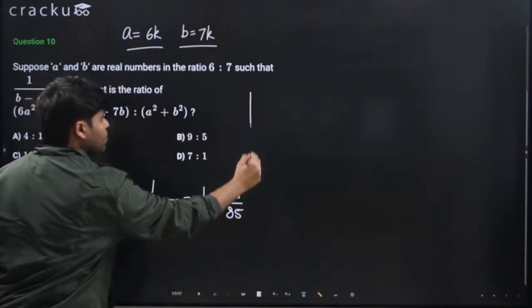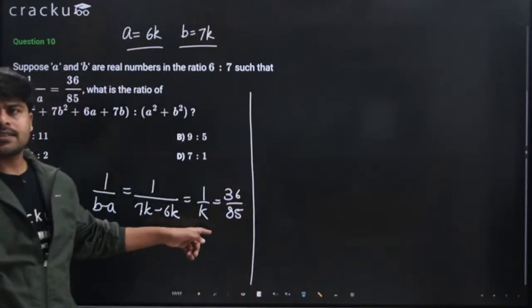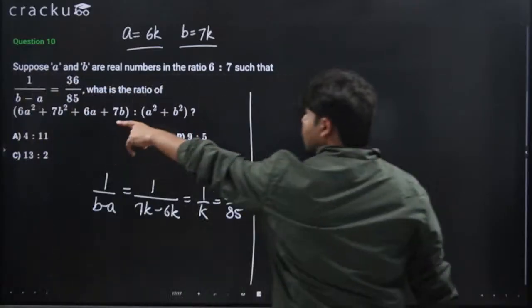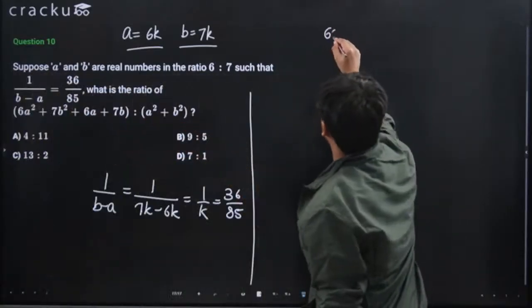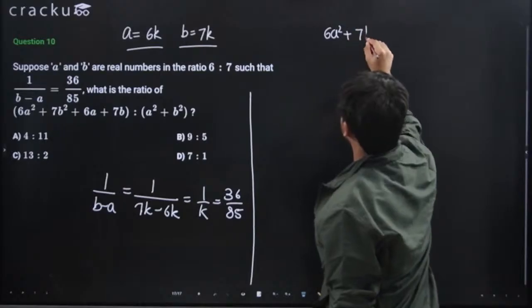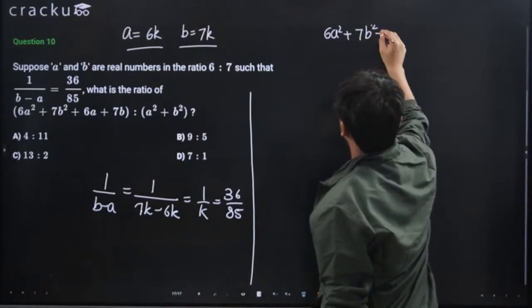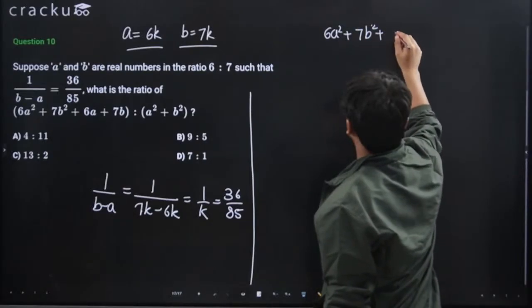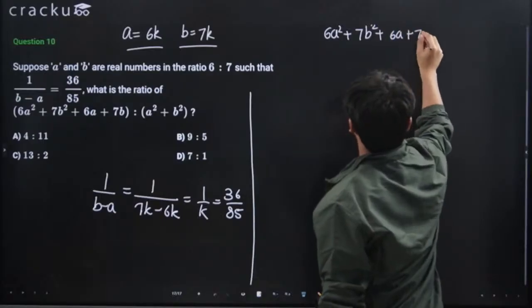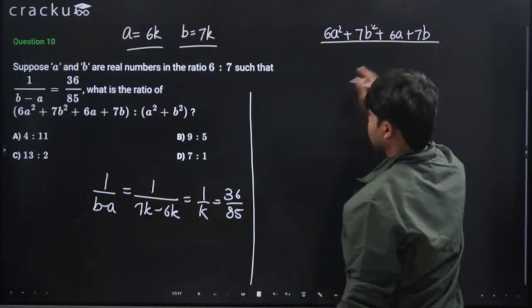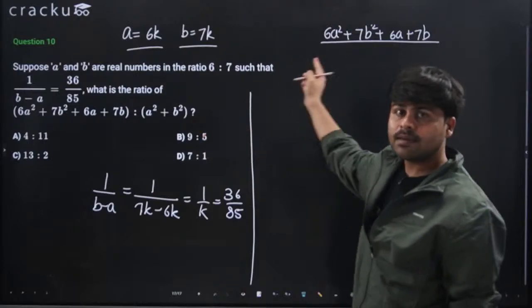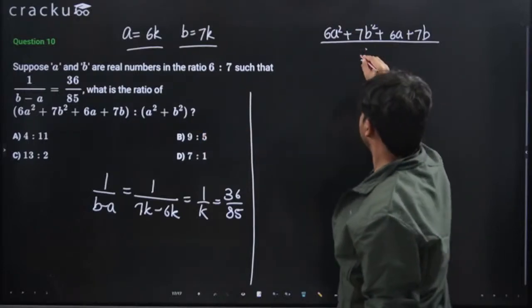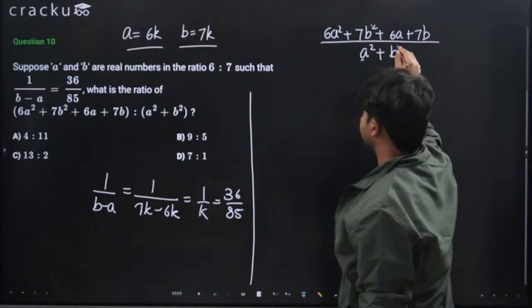Let's try to hold this here. 1 upon k is 36 upon 85. We need to find the value of 6a squared plus 7b squared plus 6a plus 7b upon, ratio is nothing but division, a squared plus b squared.